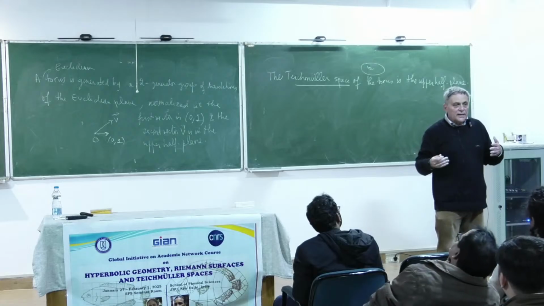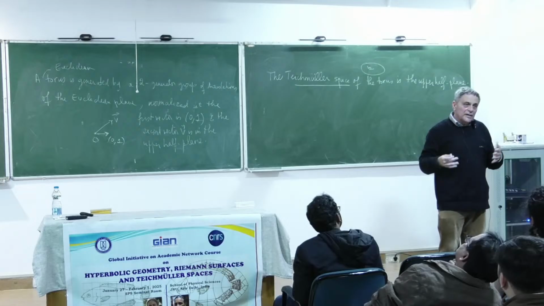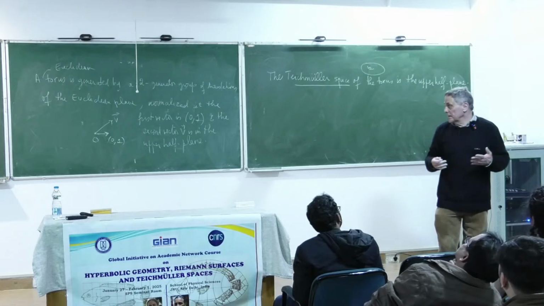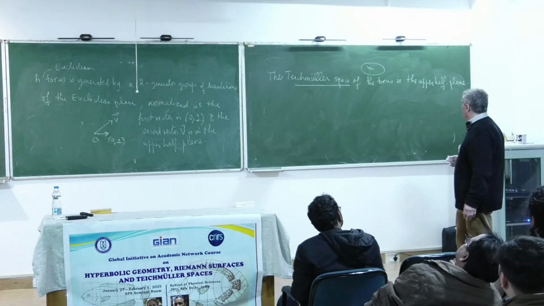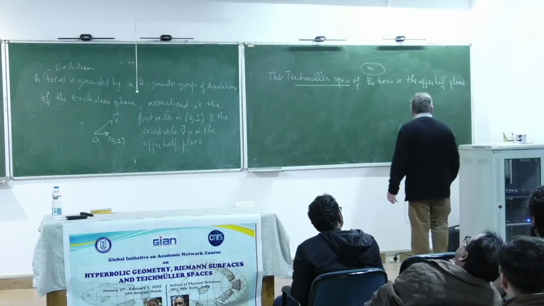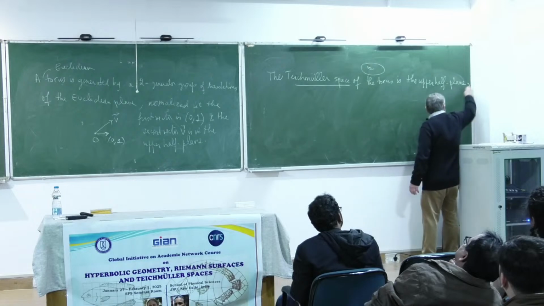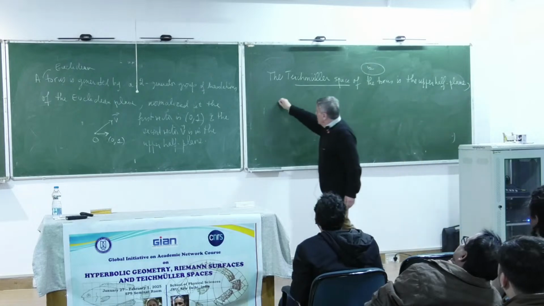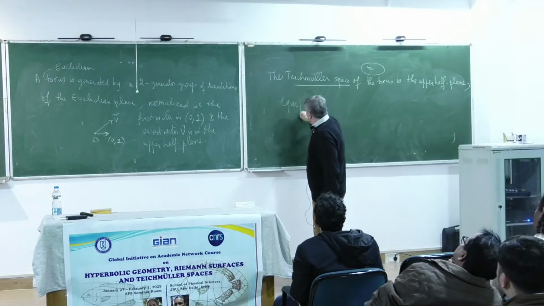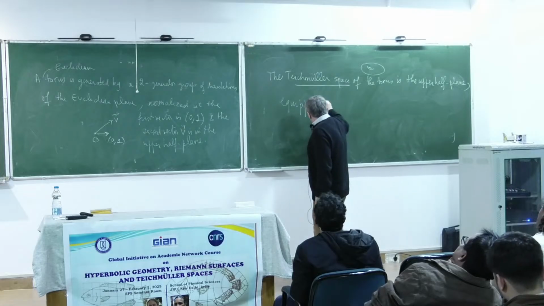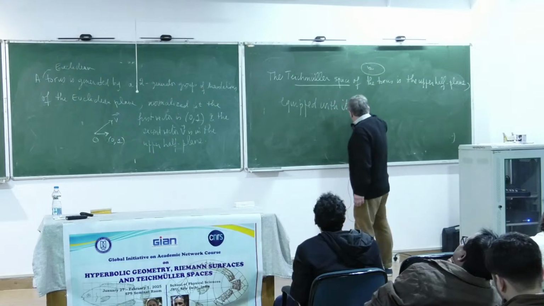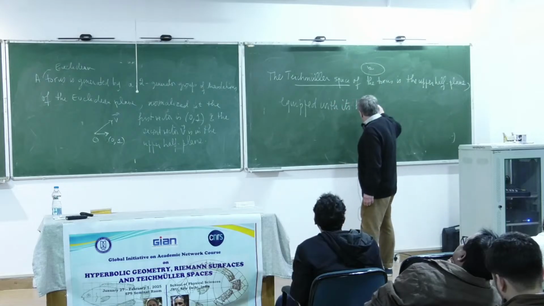And it is a coincidence, but a very important coincidence, that this Teichmüller space is the upper half plane, equipped with its hyperbolic metric.